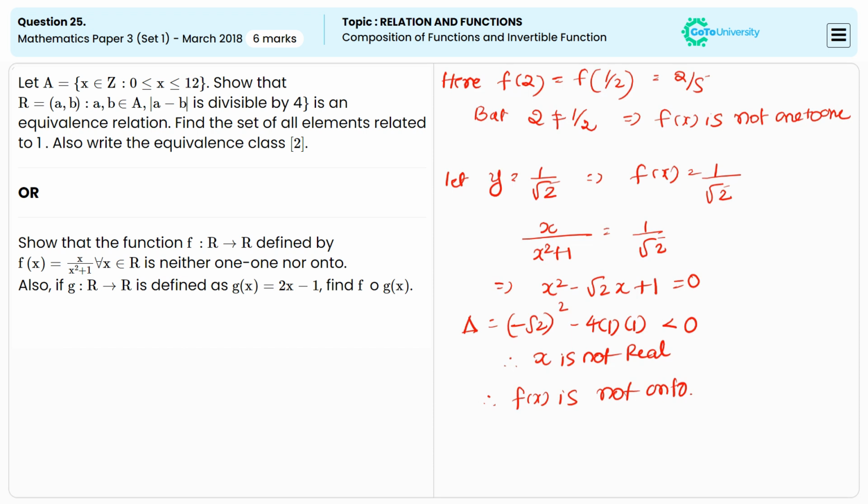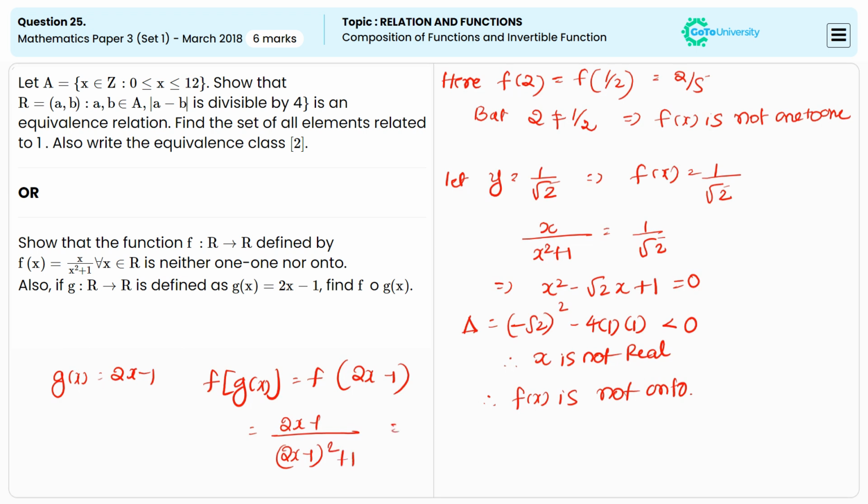Now coming to the second part of the question, g of x is given by 2x minus 1 and we need to find f of g of x, which is f of 2x minus 1, which can be further written as 2x minus 1 divided by (2x minus 1) whole square plus 1.